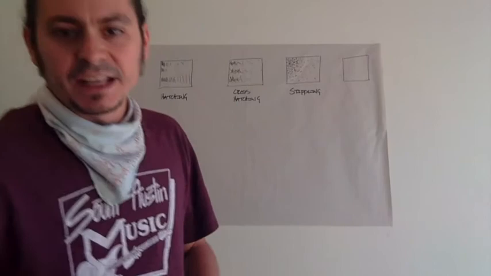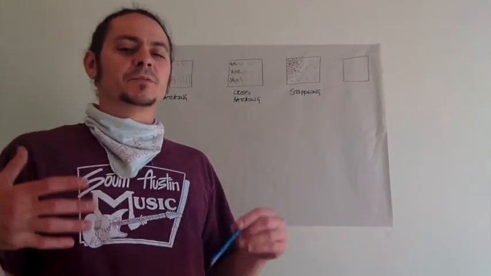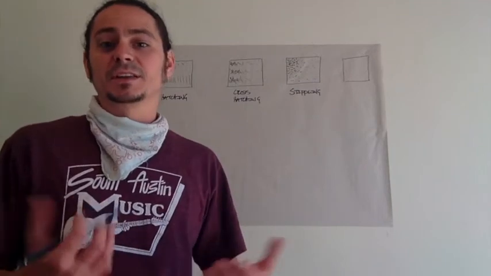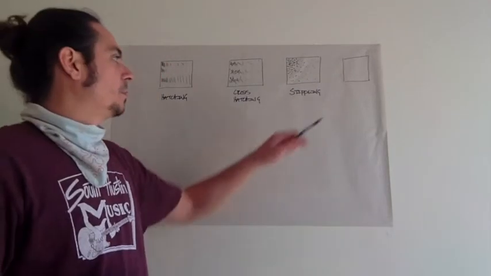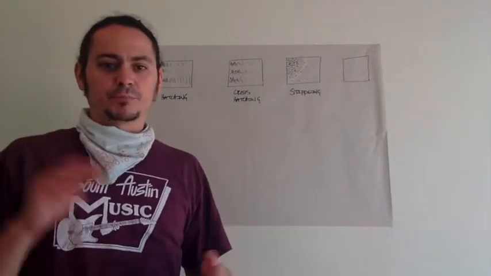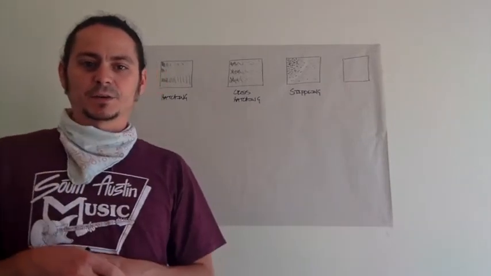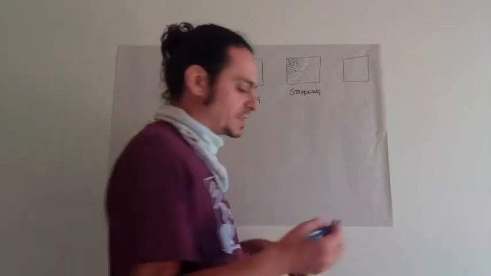One more, shading or blending. Blending takes the most finesse out of all of these, but it also can be the most rewarding. So in this box, we're just going to blend a dark value into a light value. So give me a couple seconds and I'll demonstrate that.